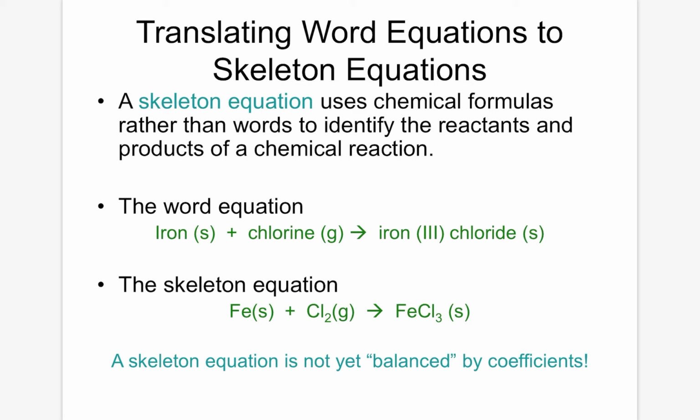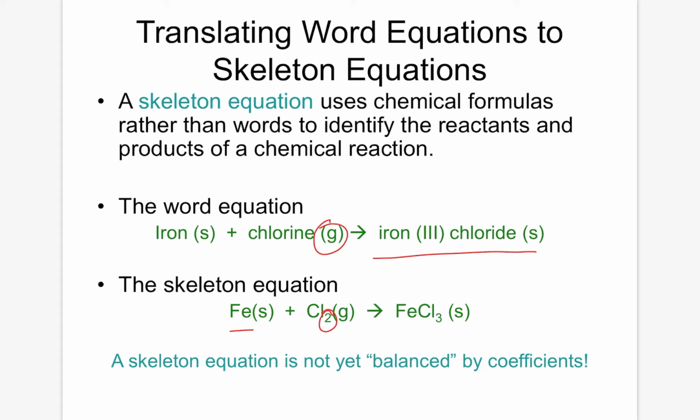Skeleton equations is when you actually use the chemical symbols. So how we had that last equation, the iron solid plus chlorine is going to give you iron 3 chloride. You would write it with the symbol. So iron is Fe, chlorine is Cl, but remember chlorine as a gas is a diatomic element, so it would be Cl2.